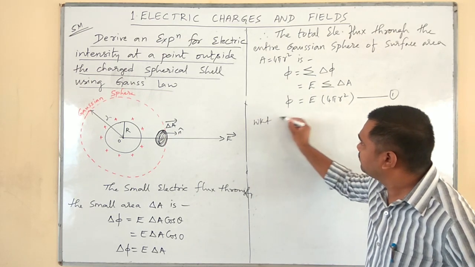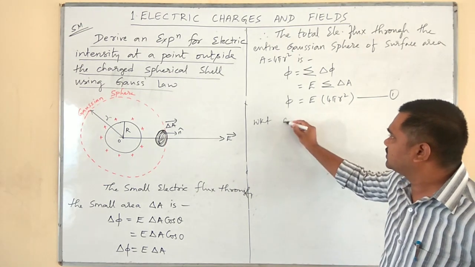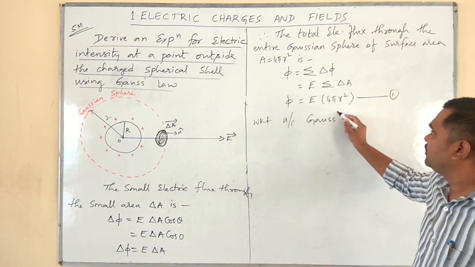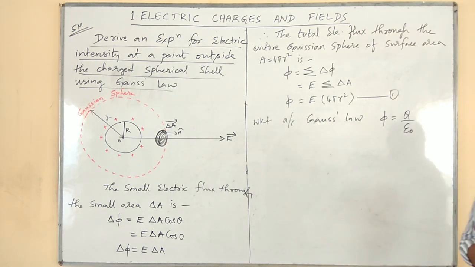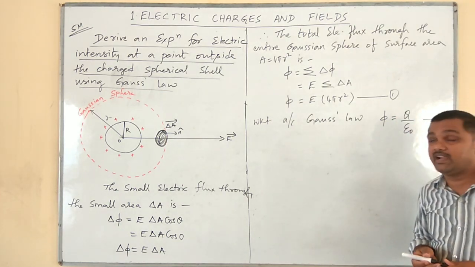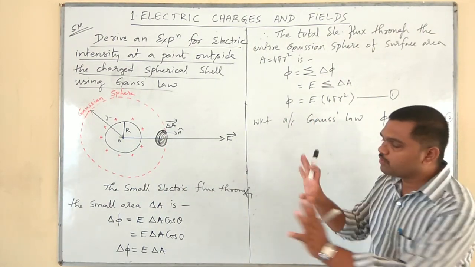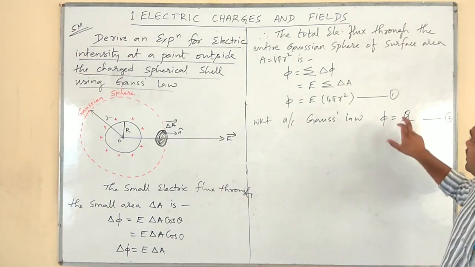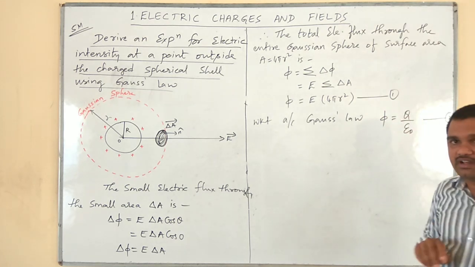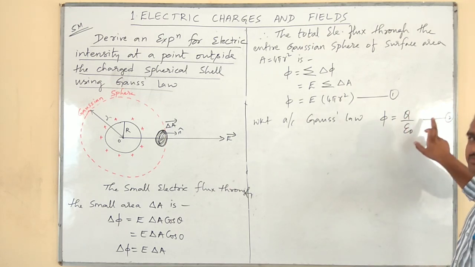We know that according to Gauss law, phi is equal to Q divided by epsilon naught, that is, 1 over epsilon naught times Q. Here you have to keep one thing in mind, that we have placed this spherical shell in vacuum, or free space. Therefore we have used phi is equal to Q by epsilon naught. Otherwise it would have been phi is equal to Q divided by epsilon naught into epsilon r.